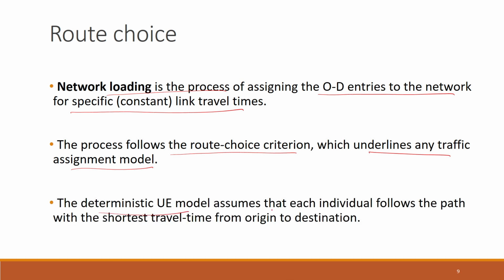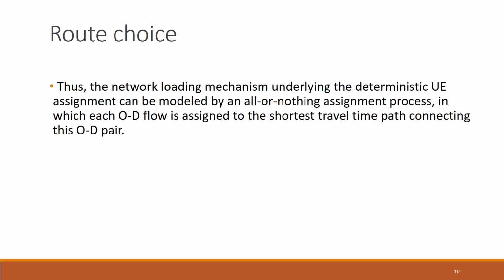The deterministic user equilibrium model assumes that each alternative follows the path with the shortest travel time from origin to destination. This is the standard assumption of the deterministic user equilibrium model. Therefore, the network loading mechanism underlying the deterministic user equilibrium assignment can be modeled by an all or nothing assignment process, in which each OD flow is assigned to the shortest travel time path connecting this OD pair.